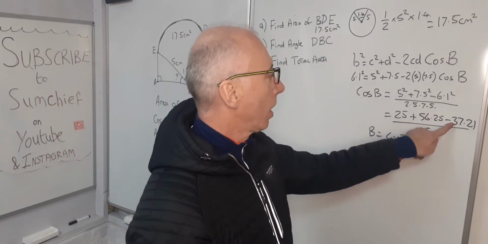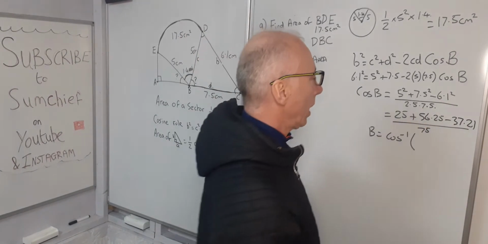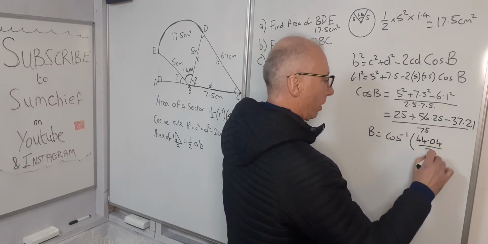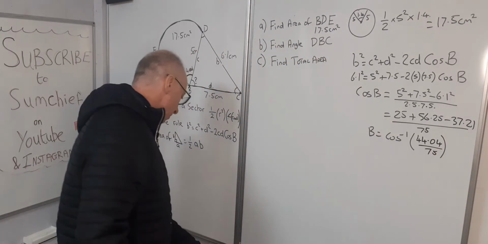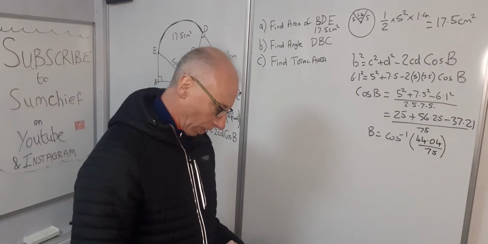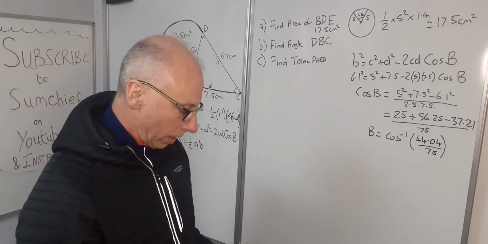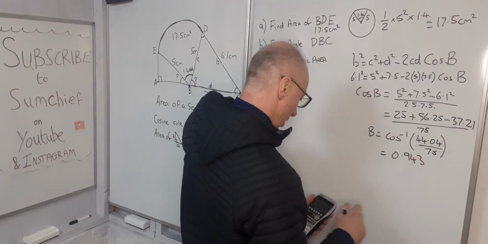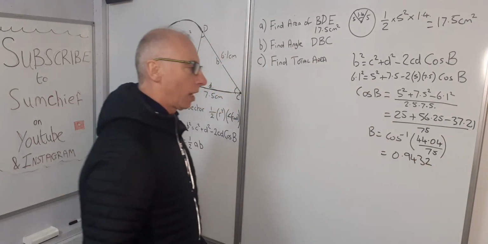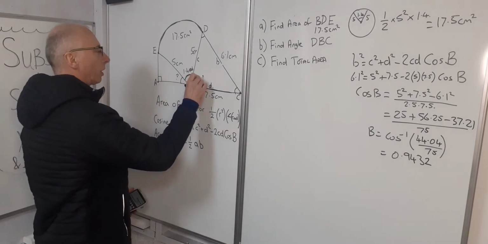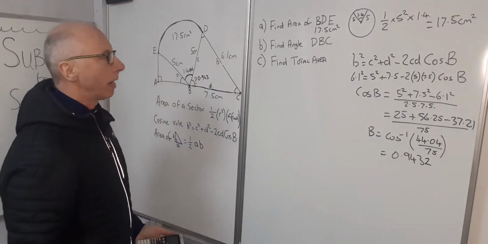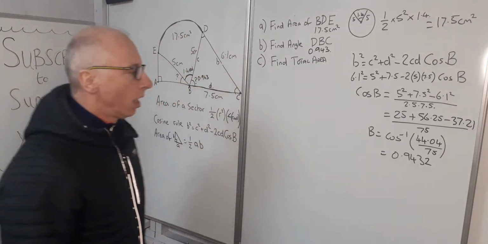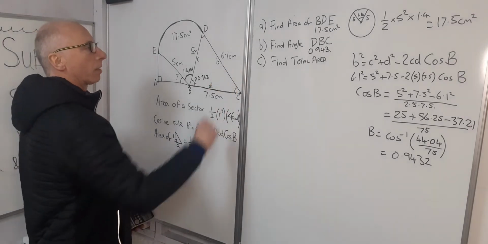And 81.25 minus 37.21 is 44.04, over 75. So let's plug that into our calculator, and we get our angle is 0.9432. So we can write that in here now, 0.943. Okay, so that's the second part.